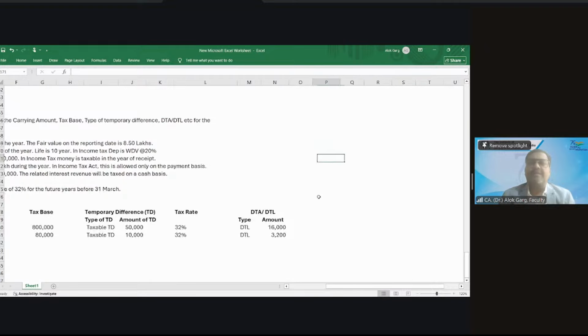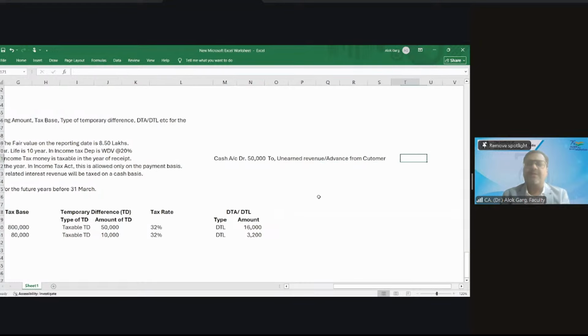Accounting entry is, I can say that cash account debit 50,000 ही था ना, 50,000 to unearned revenue or advance from customer, right?